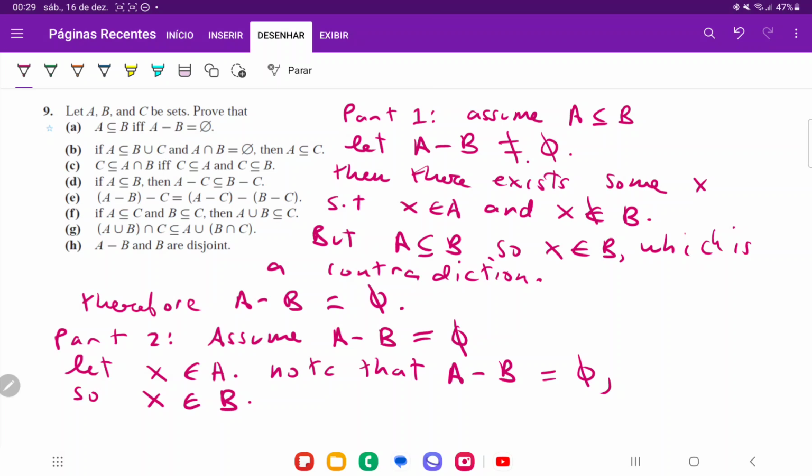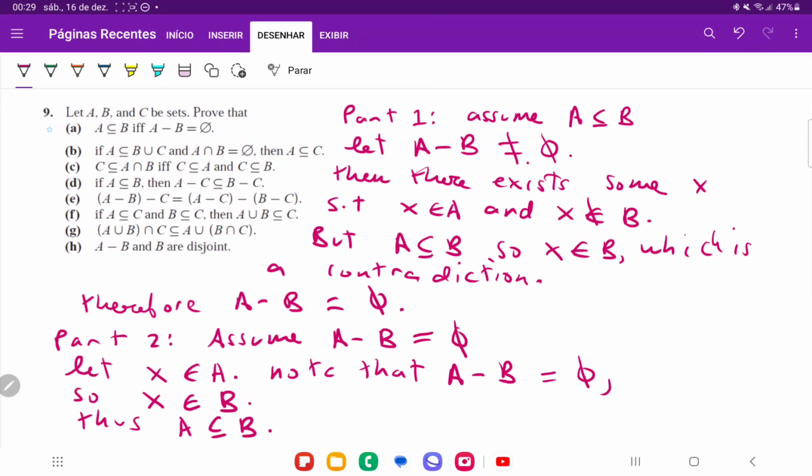Because if I remove all the elements of B from A and it's empty, it means that X belongs to B. Thus, A is a subset of B. So fairly straightforward, this part. So we have shown both parts, right? We should have shown that the left-hand side leads to the right-hand side and vice versa. So we have proved the biconditional.